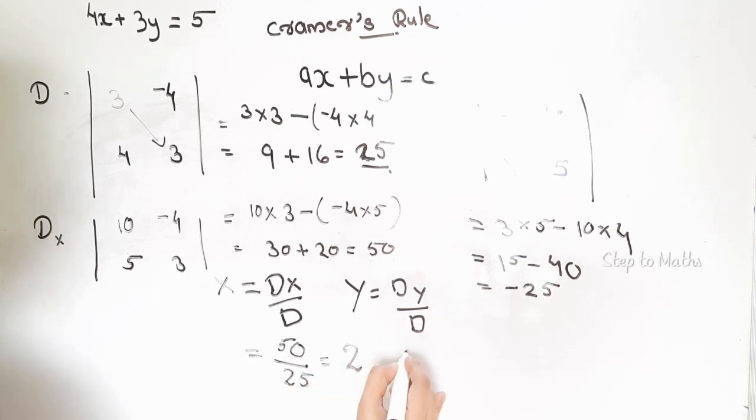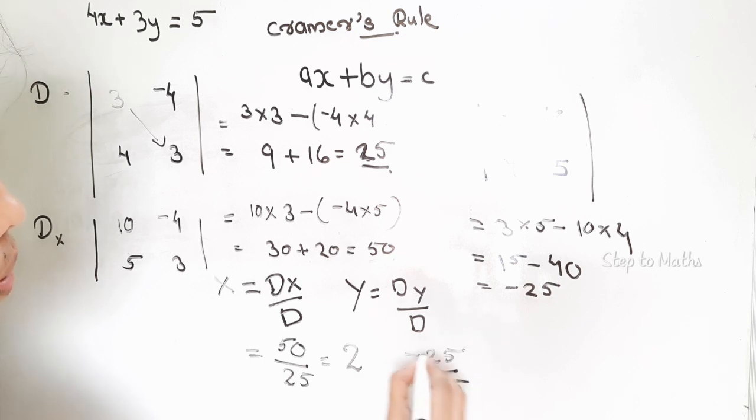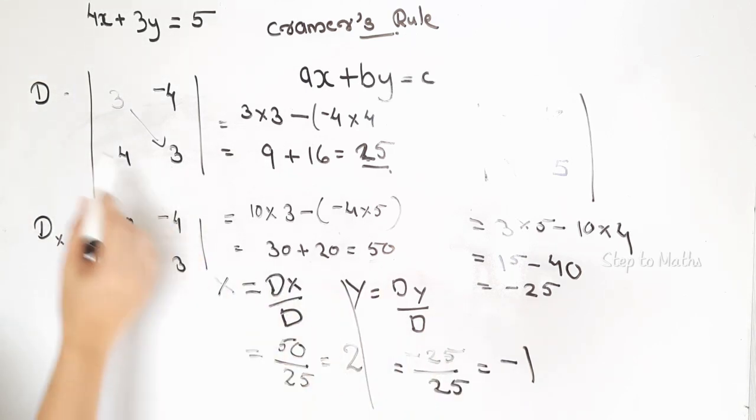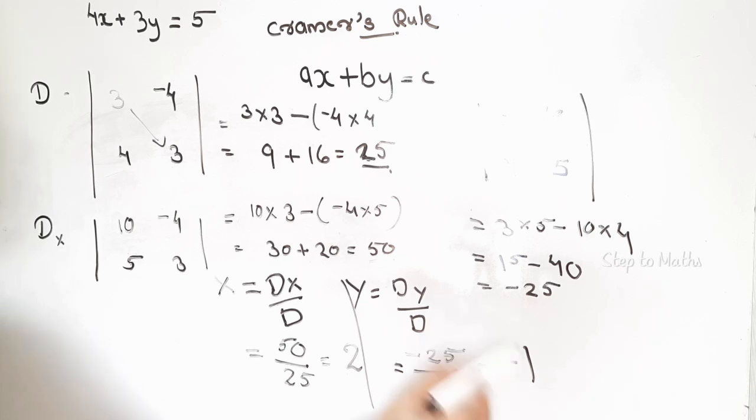The value of y is dy by D. dy is minus 25 by 25, equal to minus 1. That means the value of variable x is 2 and the value of variable y is minus 1.